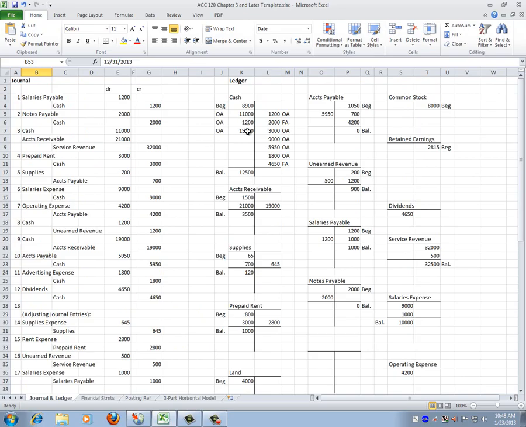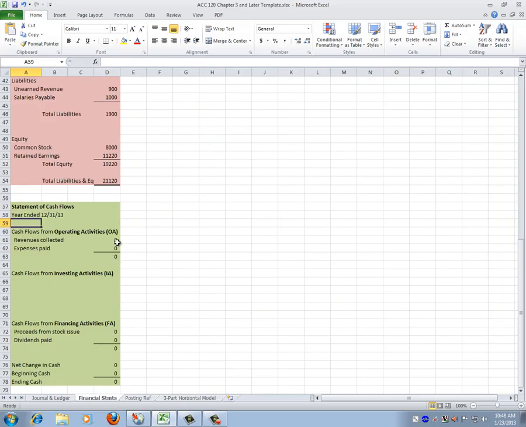Now I know these are inflows because they're on the left side of the cash asset account, so they must be increasing an asset account like cash accordingly. And those total 31,200 of inflows. So you could call those inflows, you could call it revenues collected, inflows from customers, whatever.